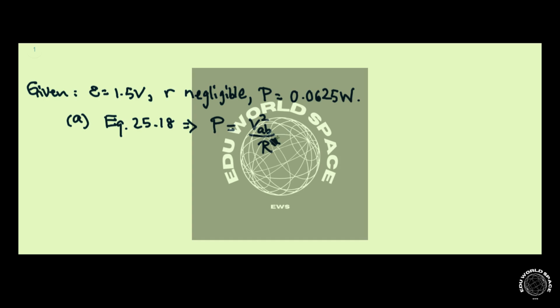And so we need to make two steps in order to solve this problem. So first, we'll find R, and once we find R, then we'll try to find the power that's dissipated by this resistor given the new battery.